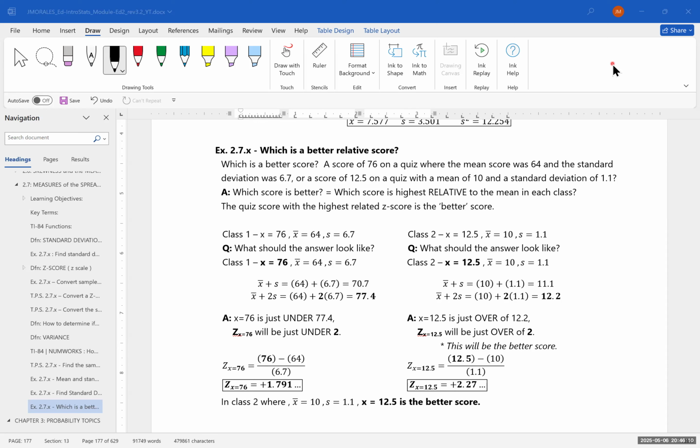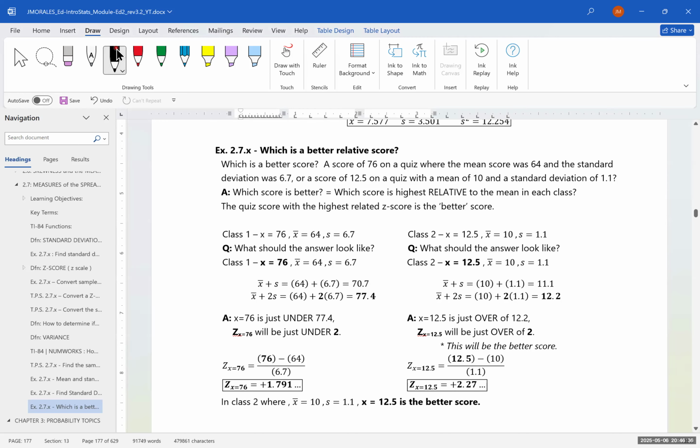Well, what if we had two sets of data? We had two data sets, and each data set had its own scale, but we converted both of them into z-scores. Could we then compare those z-scores? So that's what we're going to do here with this example.